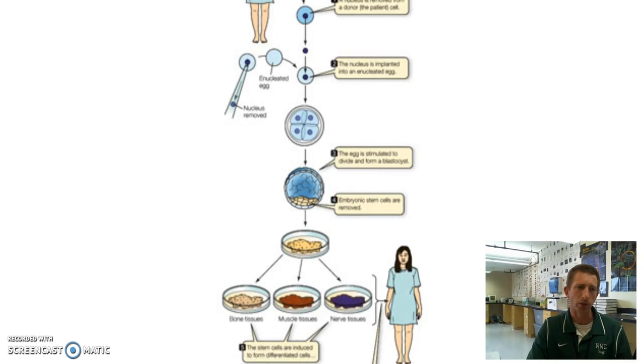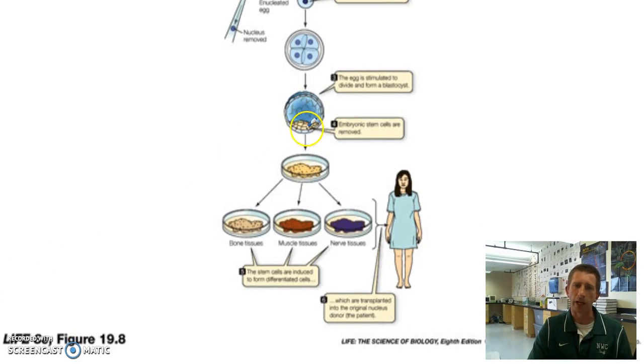But then, just like with stem cell therapy, you can take out the inner cell mass and expose it to different chemicals. And so then we can make bone or muscle or nervous system or a heart or pancreas or ACL, MCL, like we did in the last one. And the cool thing about that is now this tissue has the exact same DNA as the donor, as the patient, right?